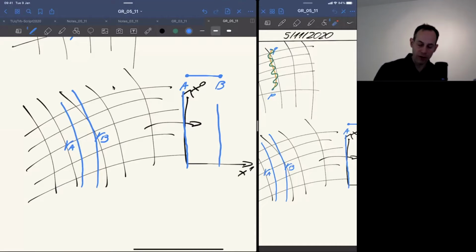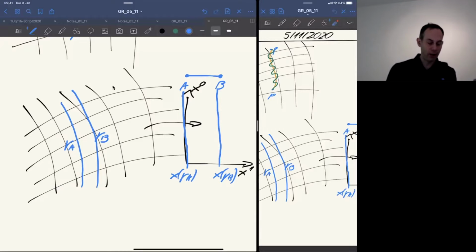So the chart representations X of gamma A and X of gamma B are just straight, now really in the diagram, straight vertical lines.